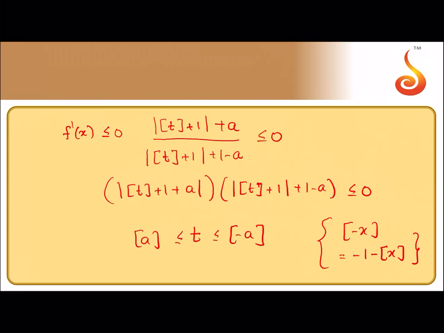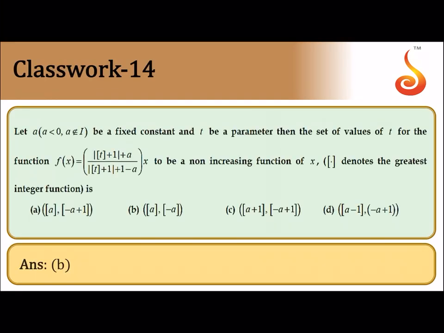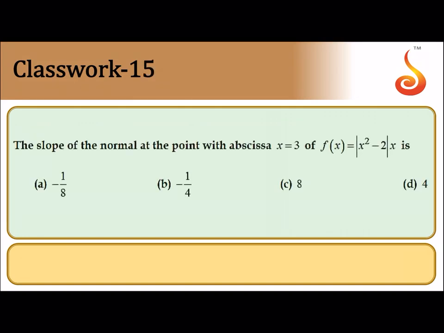It's a very, very important property. So t lies between greatest integer of a and greatest integer of minus a. So option B is correct.